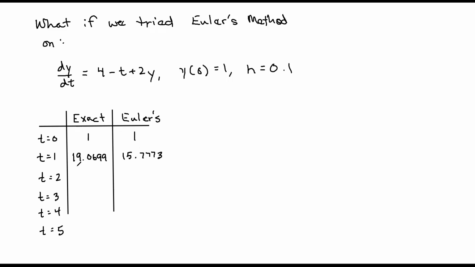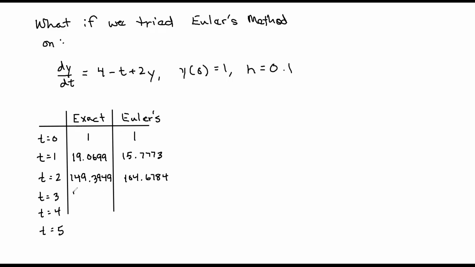You can see Euler's method is already lagging behind the exact by 3 and a change units. At t equals 2, the exact solution is 149.3949. Euler's method gives 104.6784.